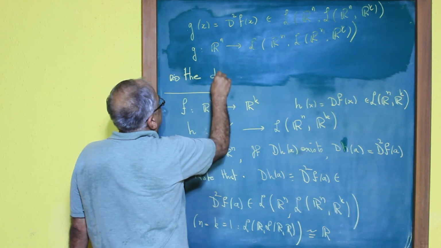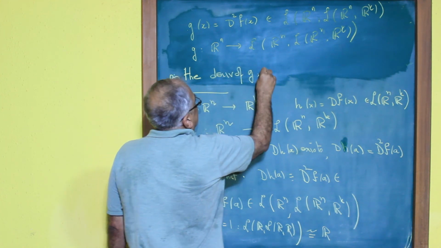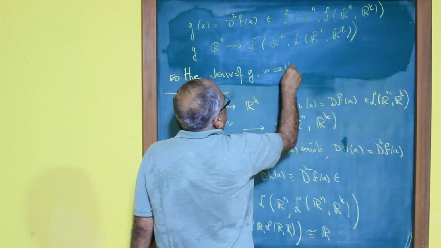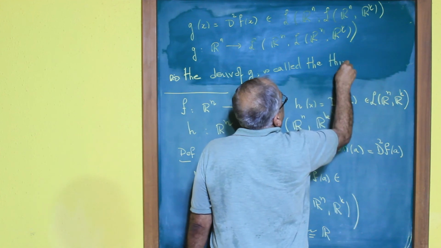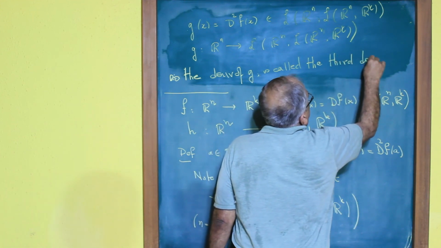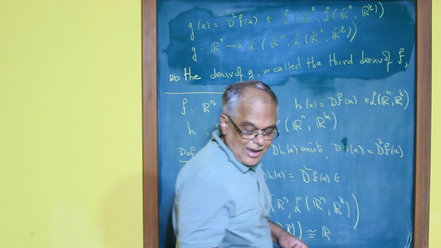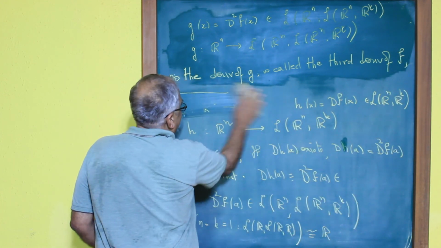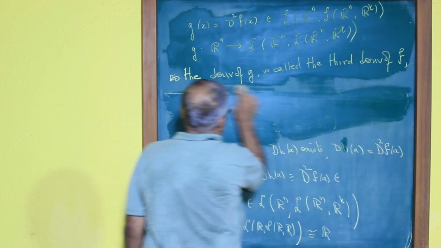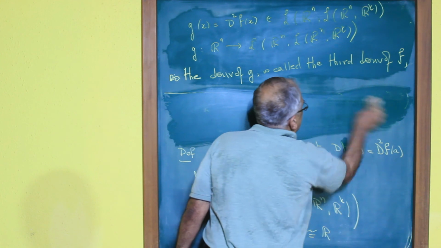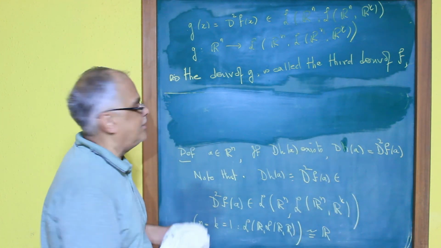the derivative of g is called the third derivative of f, and where does the third derivative of f lie?